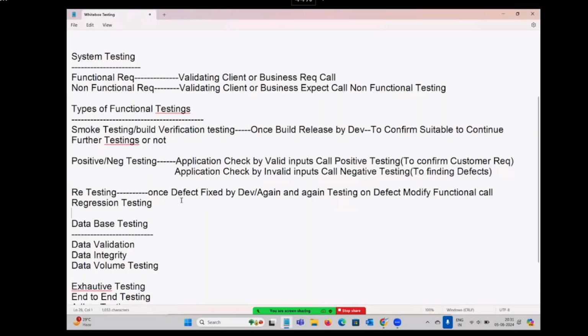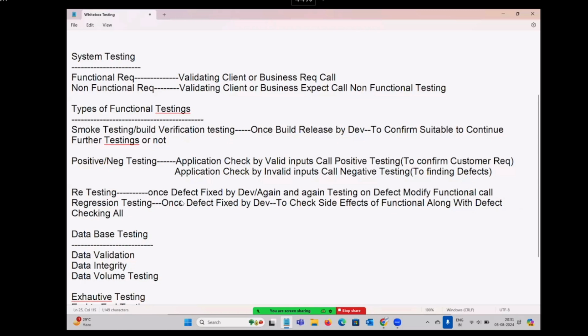Everyone, once again, once defect is fixed by developer, to check side effects of functionality along with the defect, checking all related functionalities.